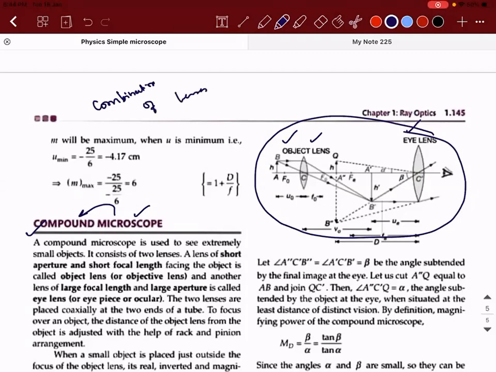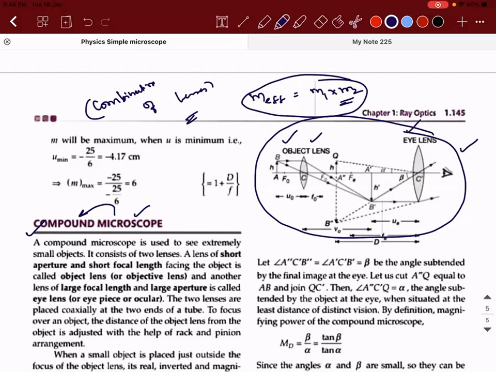If you revisit the concept of combination of lenses, you can observe that the effective magnification when two lenses are in contact is given as M1 into M2. This is the logic used to design this kind of instrument.